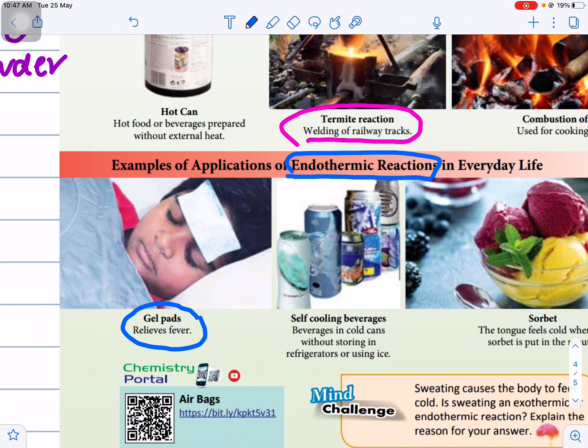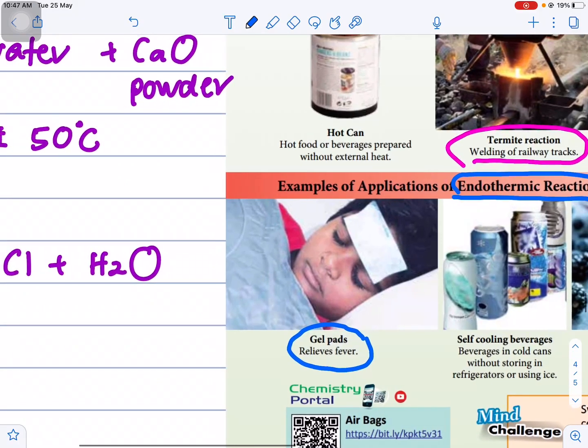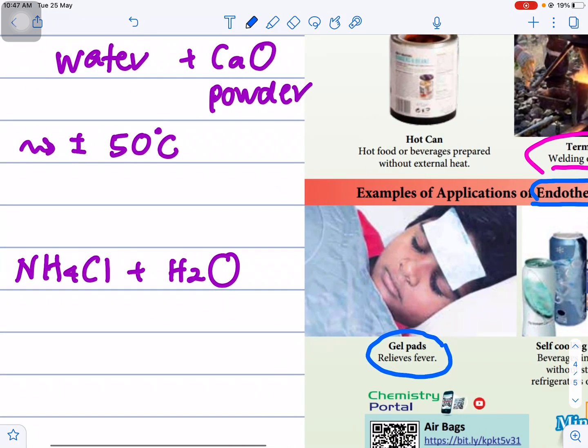In the gel pad, we have a few layers also, very thin layers. Inside the layers, we have ammonium chloride and also water.